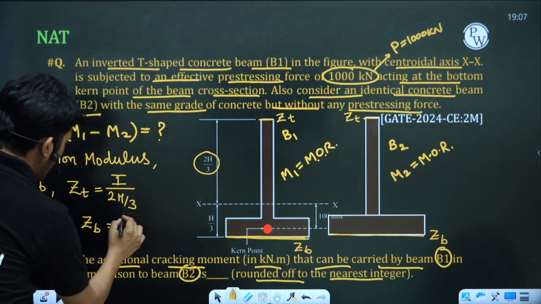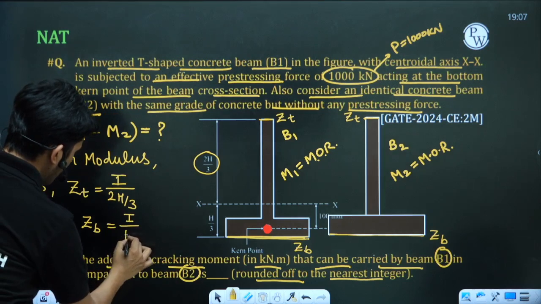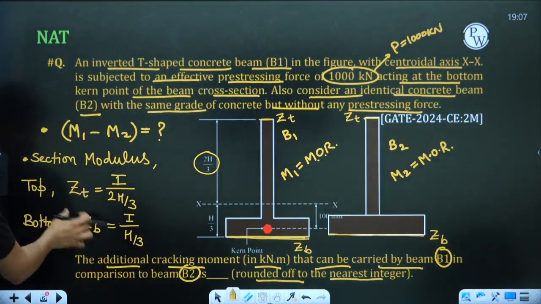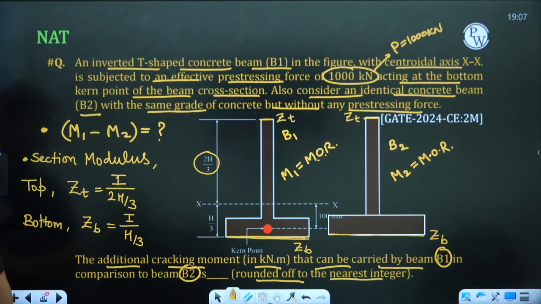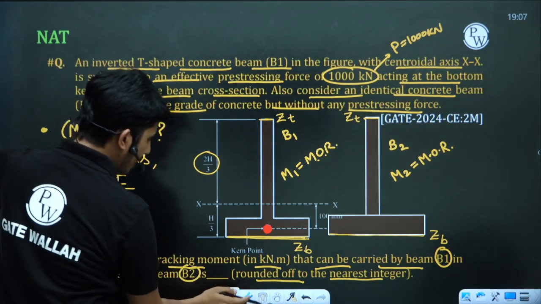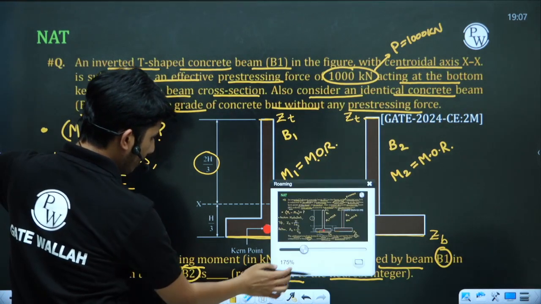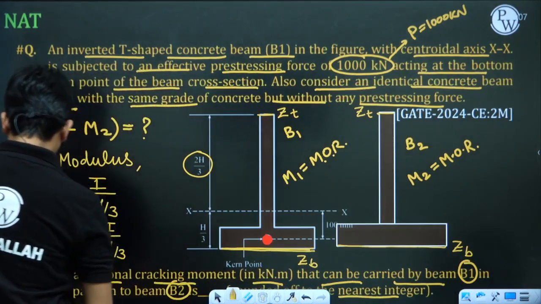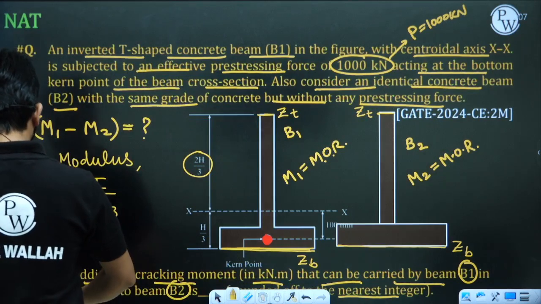So ZB will be I by Y bottom. Y bottom is H by 3. So what is the relation between ZT and ZB? Let's see.